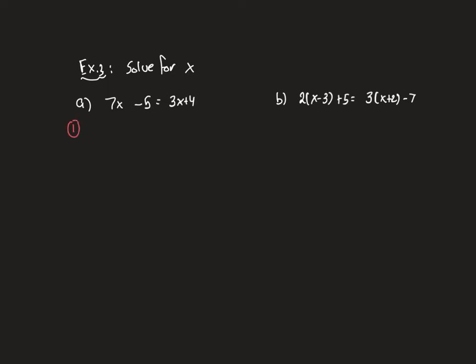So your first absolute step: move all variables to the same side and all numbers to the opposite side.